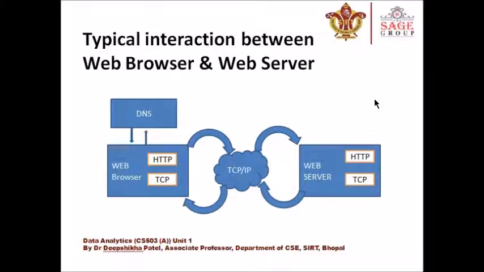Now the TCP/IP software on the client hands over that web page, or in short the HTTP response, to the HTTP software running on the web browser. And now that HTTP software running on the web browser is responsible for interpreting and converting that response into the form that will be visible on the client screen, because it is only the browser which understands the HTML code, since that response will be in the form of HTML tags.